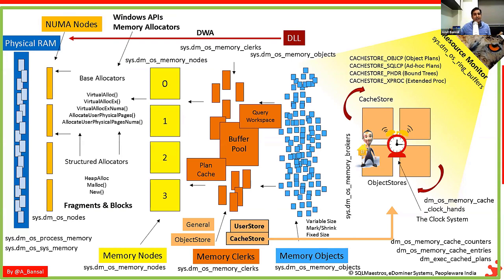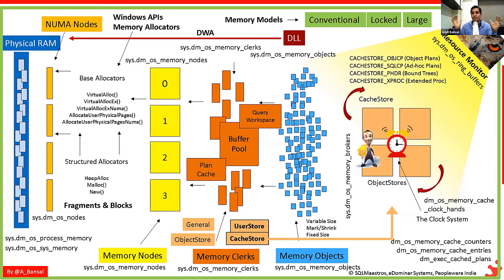And let's say if that DLL is asking for memory, that is going to be a direct Windows allocation via the virtual address space. It's not going to be via this architecture of objects, clerks, and nodes. So just to call that out, and in the demo, I will show you a small example of that as well.